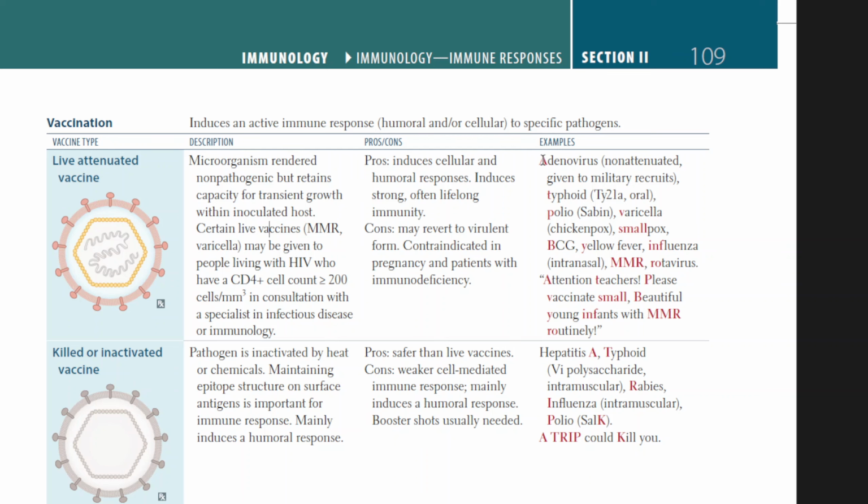So again: adenovirus, typhoid, polio, varicella, smallpox, BCG, yellow fever, influenza, MMR, rotavirus. This is the whole group of live-attenuated vaccines.